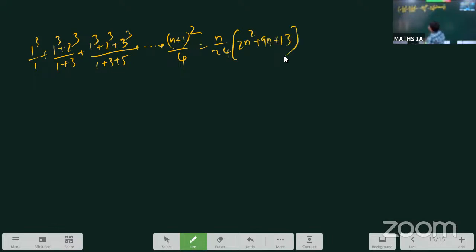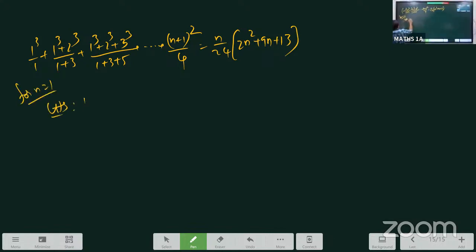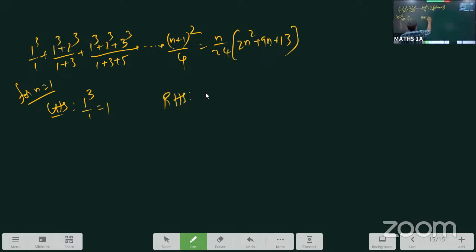Now listen carefully. First, for n is equal to 1. LHS 1 cube by 1 is 1. And in RHS, n is 1 I said. So n is 1 by 24, 2 plus 9 plus 13, because n is 1.